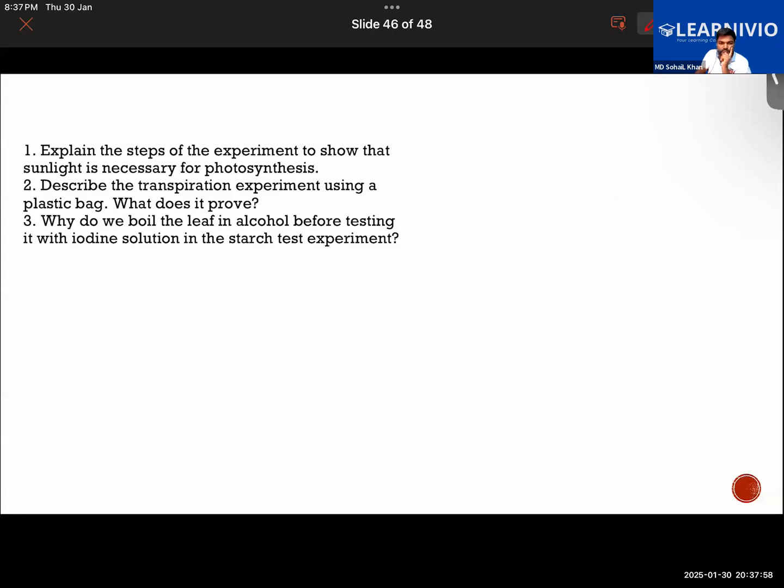Okay. Answer this also. Explain the steps of the experiment to show that sunlight is necessary for photosynthesis.